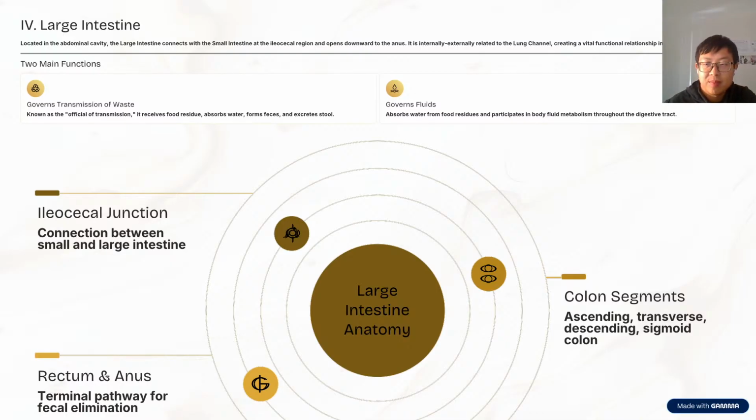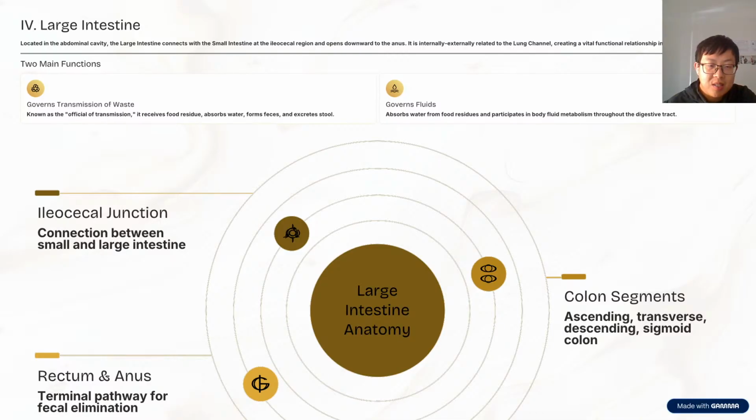First, the large intestine governs transformation of waste. This function allows the large intestine to receive the food residue from the small intestine. It absorbs water from the residue, forms feces, and excretes stools through the anus.